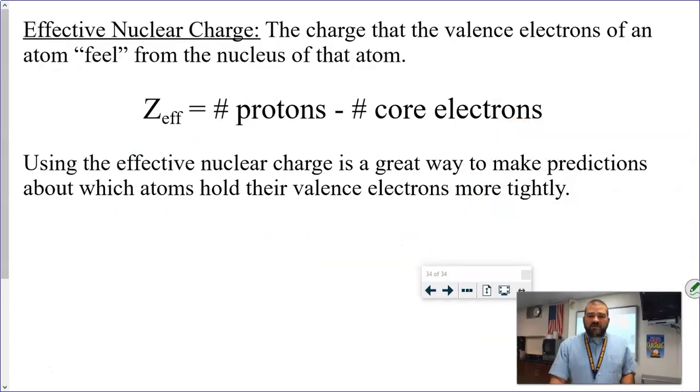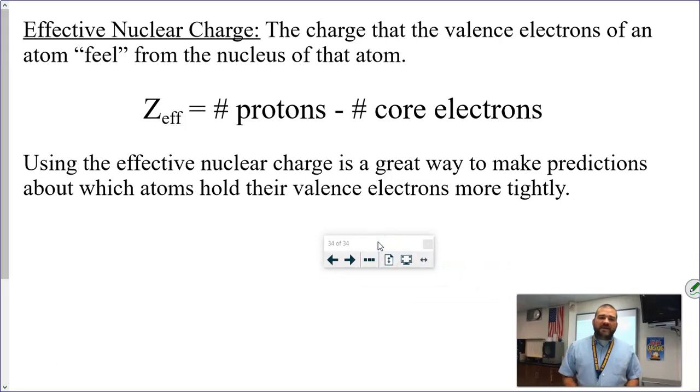All right, the last slide here is talking about what's known as the effective nuclear charge. We will talk about this in 1.7, I forget which topic it is. It's coming up later this week. The effective nuclear charge is the charge that the valence electrons, valence of course meaning outer, feel from the nucleus of the atom that they're around.